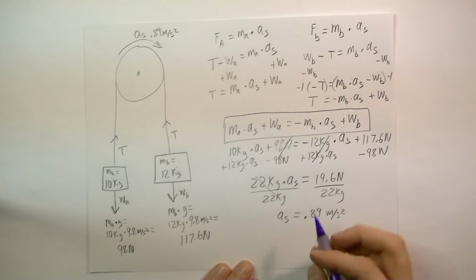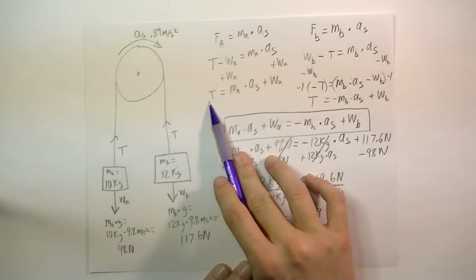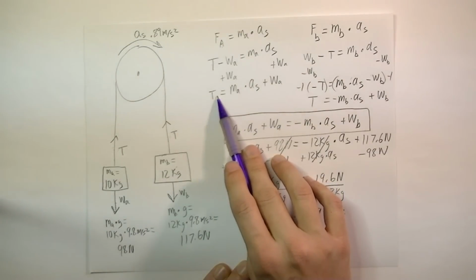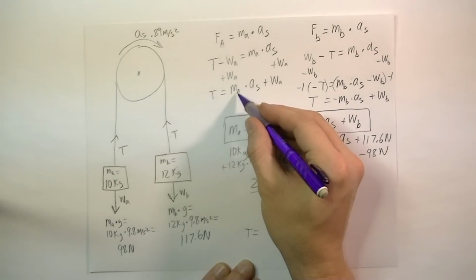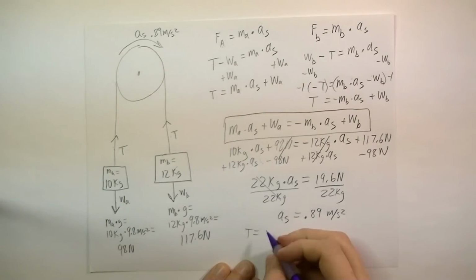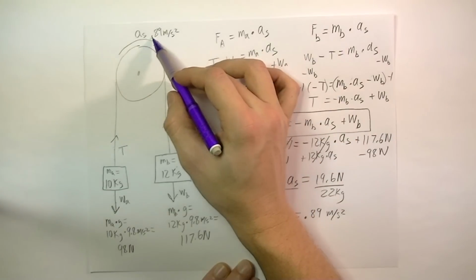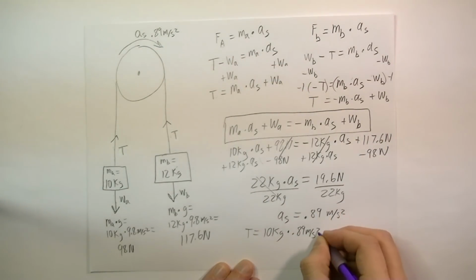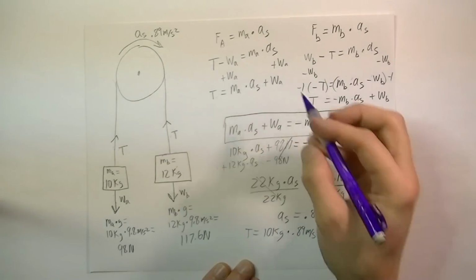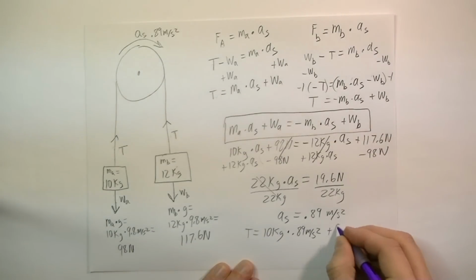Okay, now that we know the acceleration, we can plug that back into one of our original two equations and solve for tension. And this one seems easier because it's already solved for tension here, and it's positive, and it just seems the easiest. So the tension equals the mass of A, which is 10 kilograms, times the acceleration of the system, which we just solved to be 0.89 meters per second squared, and we have to add the weight of A, which is 98 newtons.